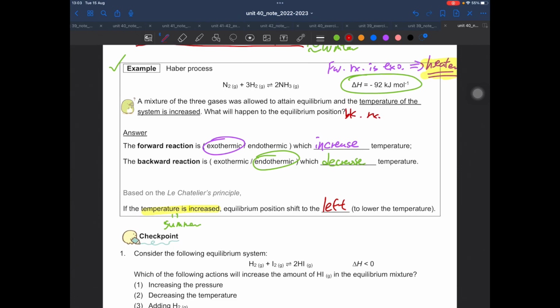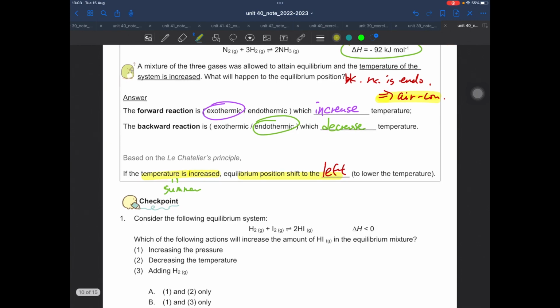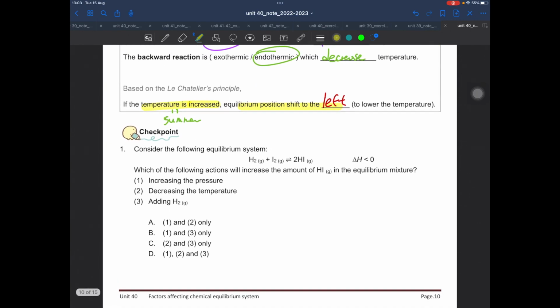Because if forward reaction is exothermic, that means backward reaction is endothermic, right? I will say the backward reaction is the aircon. So easy to understand, right? In summertime, I will prefer to use aircon. So I will prefer backward reaction and shift. That means the equilibrium position shifts to left. That's it. You can complete every question in DSE with the heater and aircon story.